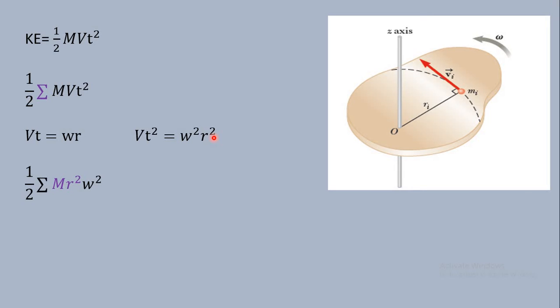Make a substitution, and we have half summation m r squared omega squared. And of course, you can recognize m r squared as moment of inertia. So we commonly refer to rotational kinetic energy as equal to half I omega squared.